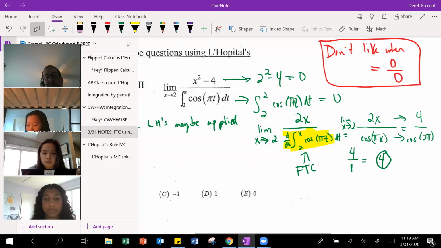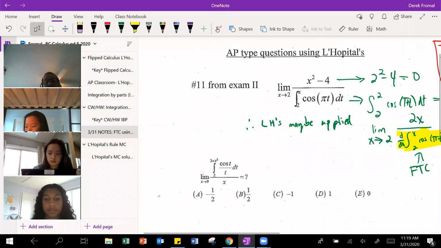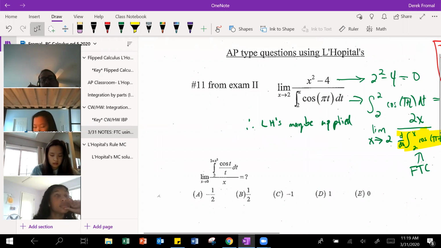So in the multiple choice problem, I know that the exam this year is not going to be multiple choice, but if you've looked at the AP classroom assignment, there are problems similar to this in the free response questions. So I figured it was still good to talk about.